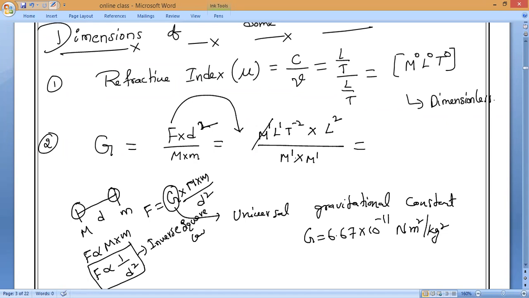So one M power 1 will get cancelled, this M power 1 will go up, it will become M power minus 1. Next, L power 1 and L power 2, L power 3, and T power minus 2. Have you noticed it? This constant does not have dimensions, but this constant has dimensions or not? That is what you have to remember. Clear, everybody? Next, please write it.